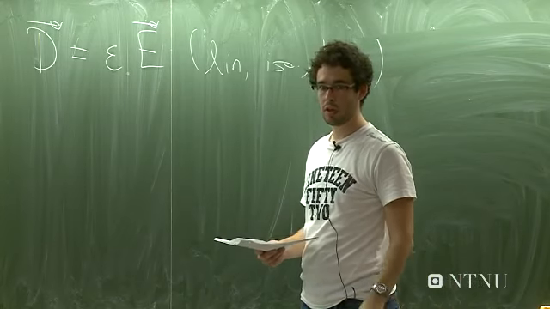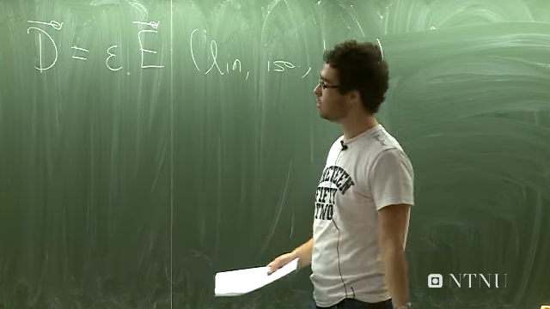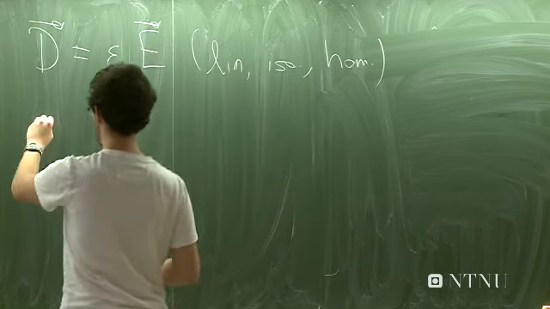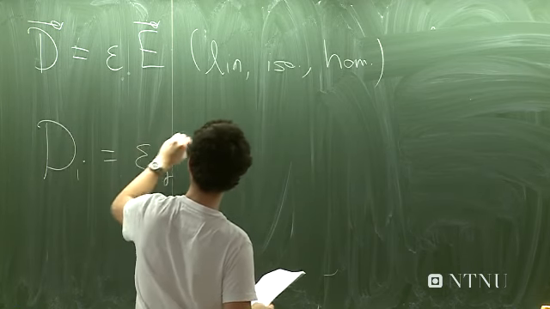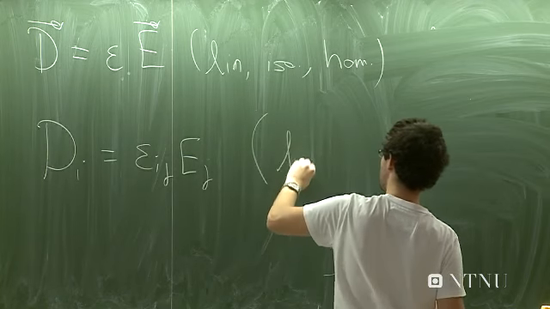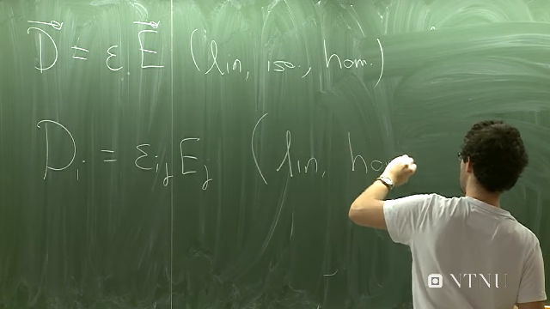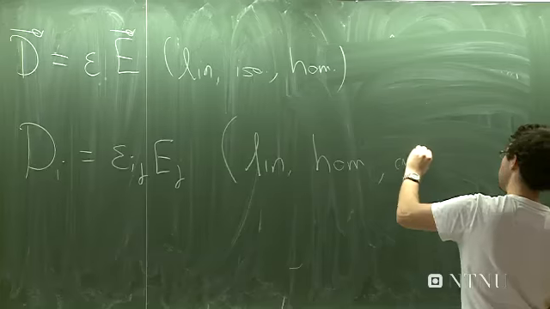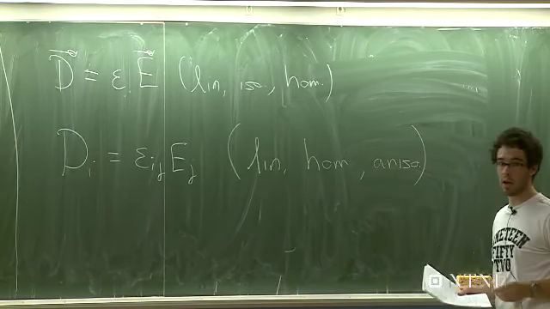If, however, it's not an isotropic medium, let's say you have a crystal, then epsilon is a rank 2 tensor. It's still linear. It's still homogeneous. But it is anisotropic.